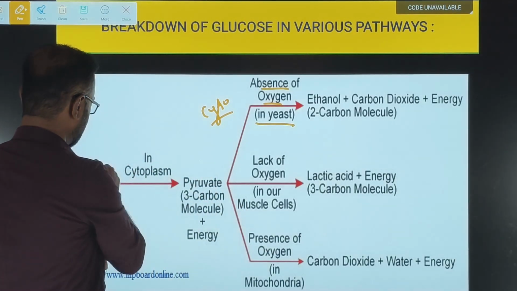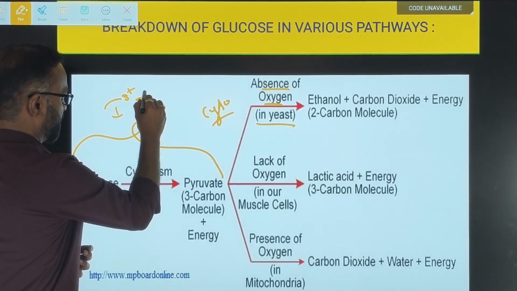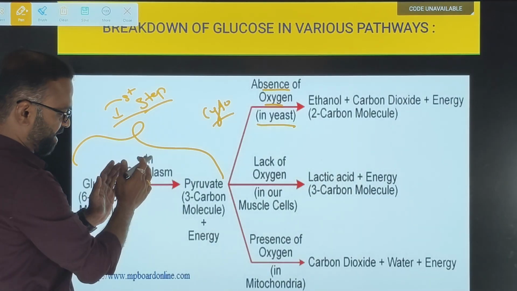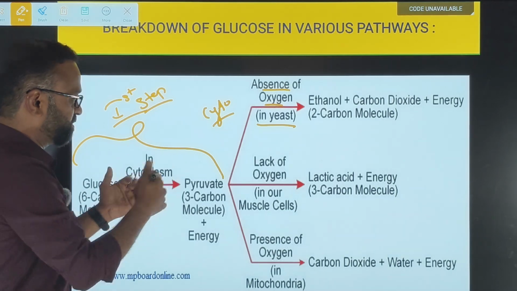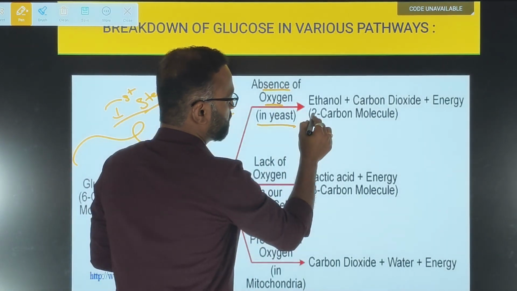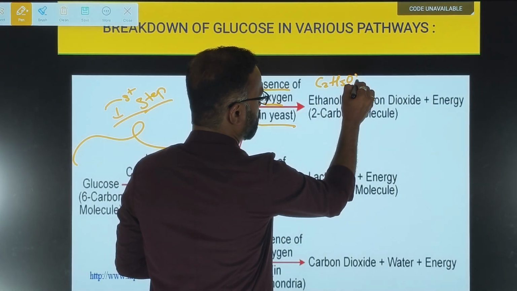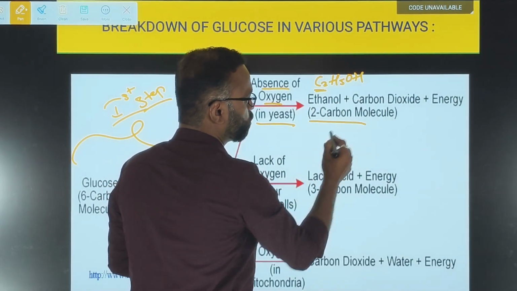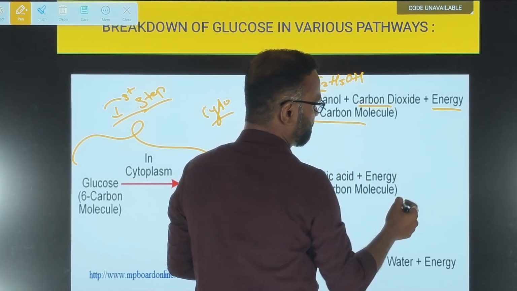The first step is common in aerobic and anaerobic respiration. In the cytoplasm, glucose will break down into pyruvate. Further, inside the yeast cell, in the absence of oxygen, this pyruvate will form ethanol, C2H5OH, alcohol, a two carbon molecule, along with carbon dioxide, and energy will be released.